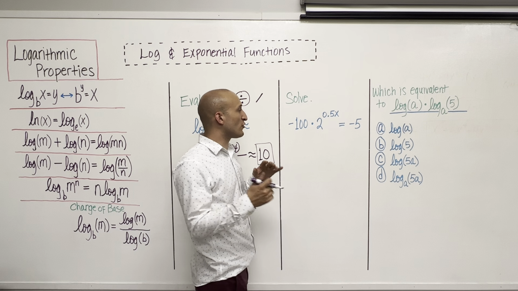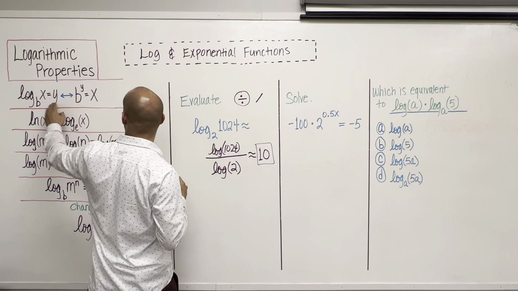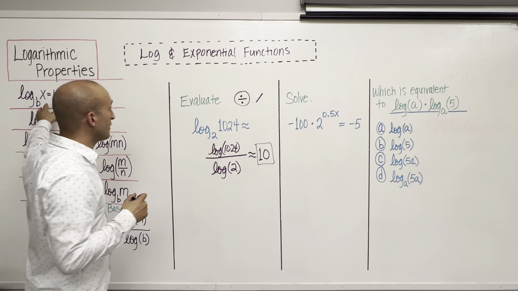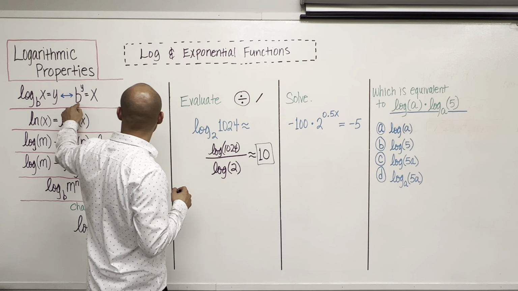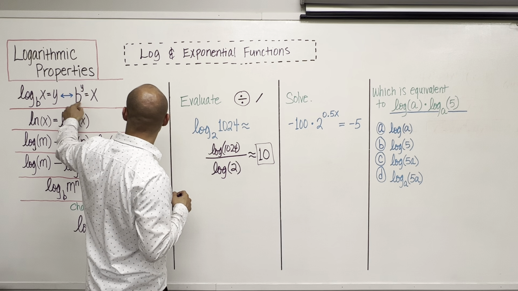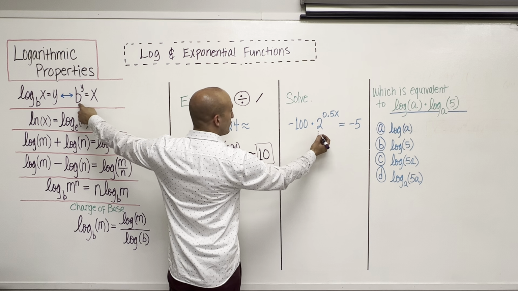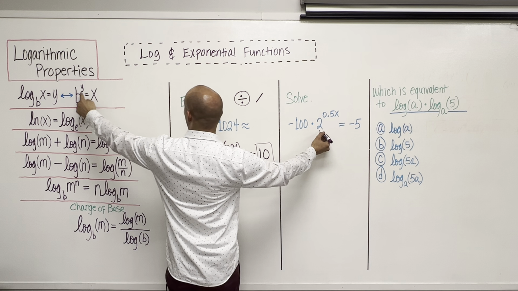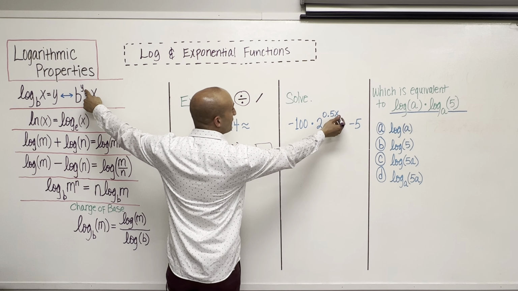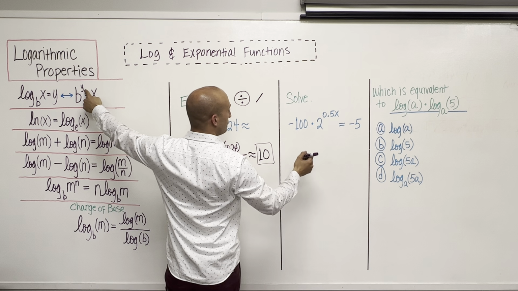Notice my base is alone. There's nothing being multiplied to that base. In this case, this b would be 2. My y would be 0.5x, okay?